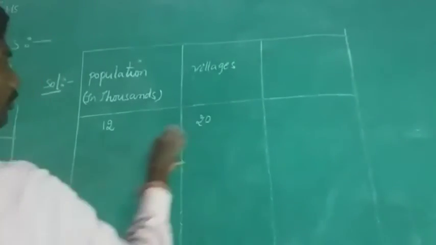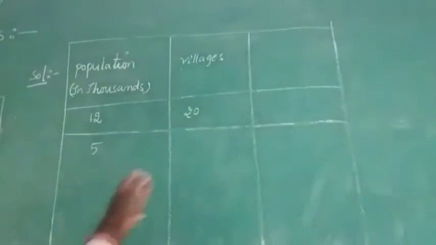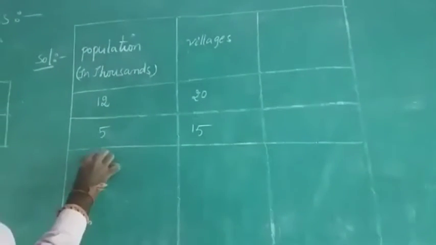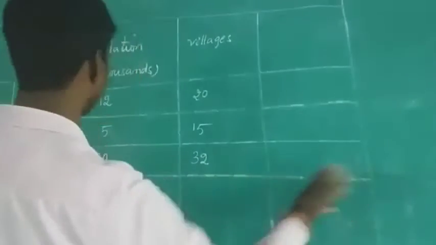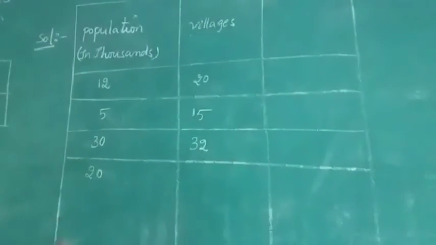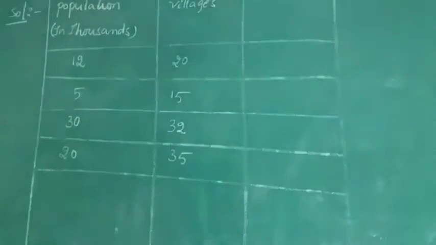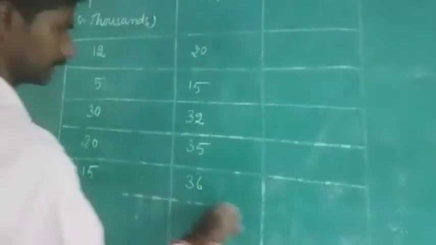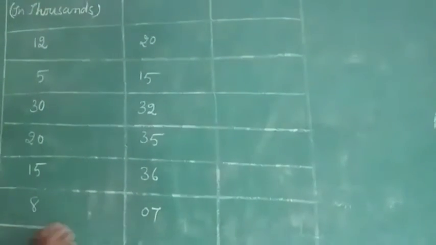So 12,020 villages are there. 5,015 villages are there. 30,032 villages are there. 20,035 villages are there. 15,036 villages. 8,007 villages.